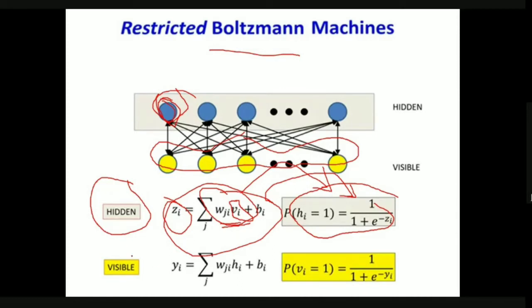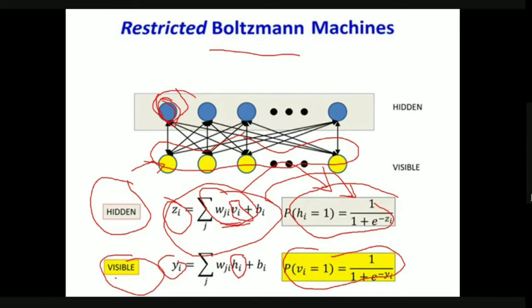Now similarly, it is the same for the visible unit also. Okay, so for the ith visible unit, the visible units are marked in yellow. The value of the ith visible unit is derived from the logistic, which is computed over the weighted combination of all the hidden units. This is Wj hi, the weighted combination of all the hidden units.